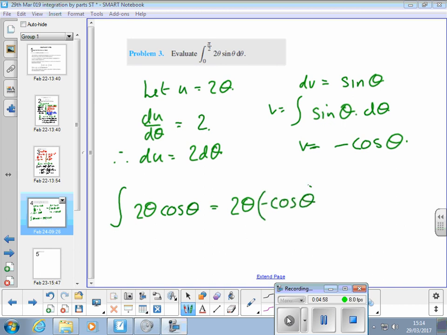I'm going to put that in brackets, minus the integral of minus cos theta du, which we want to write in that form as 2 d theta.